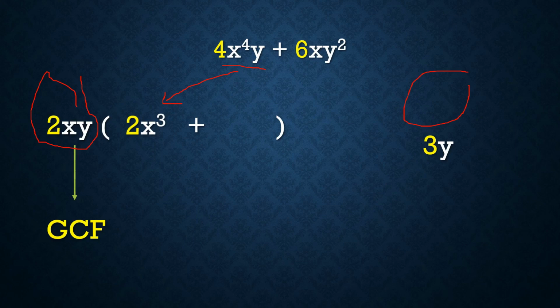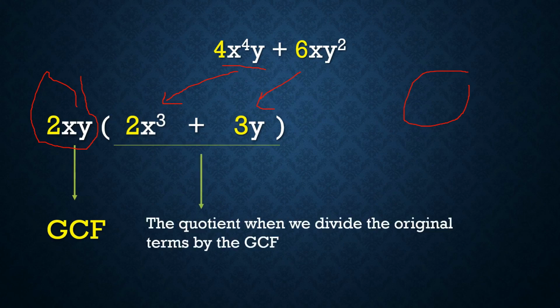And next is the 3y, when you divide 6xy squared by the GCF. Take note, what is inside are the quotients when we divide the original terms by the greatest common factor.